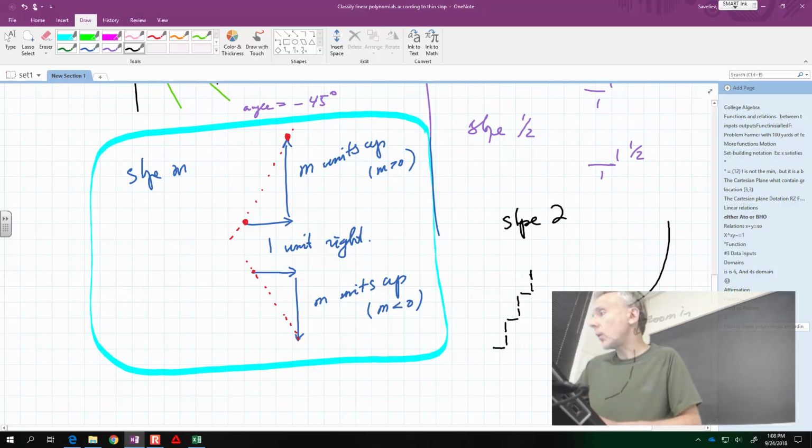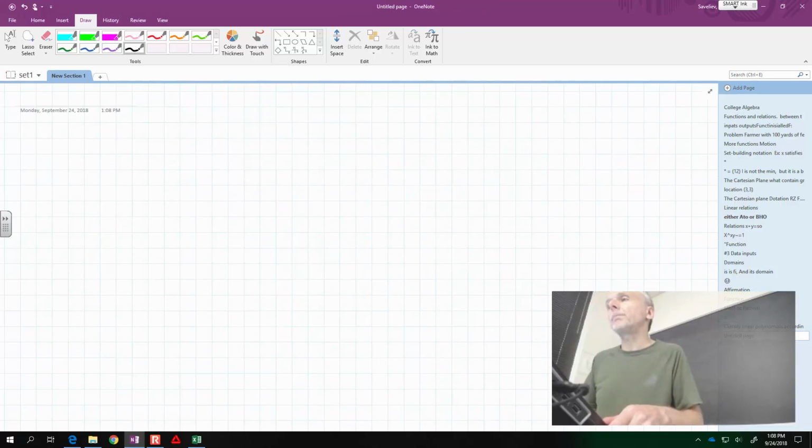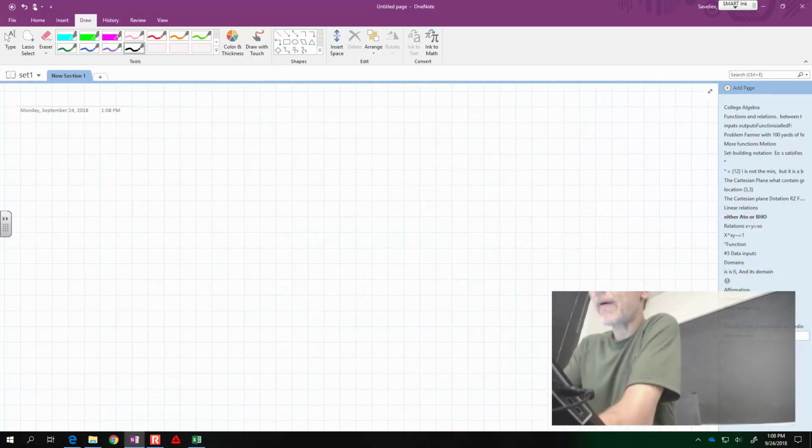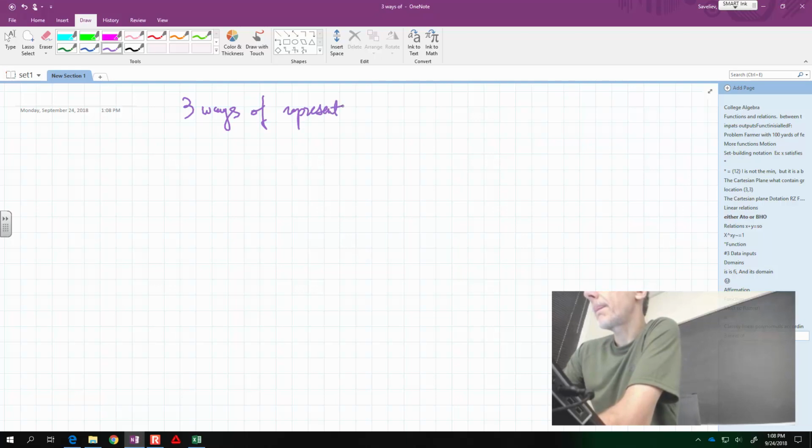The only topic that remains here is the third way to represent a function, the linear polynomial. So, 3 ways to represent a straight line.